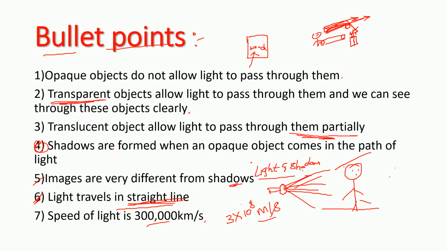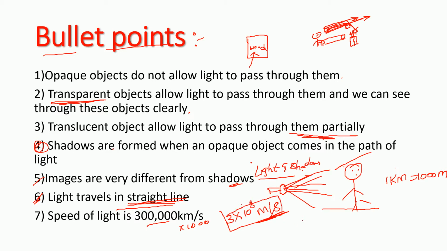As I said previously, 1 kilometer equals 1000 meters. So if we want to convert into meters, we need to multiply by 1000. It will convert into 3 into 10 to the power of 8 meter per second, which is the speed of light.